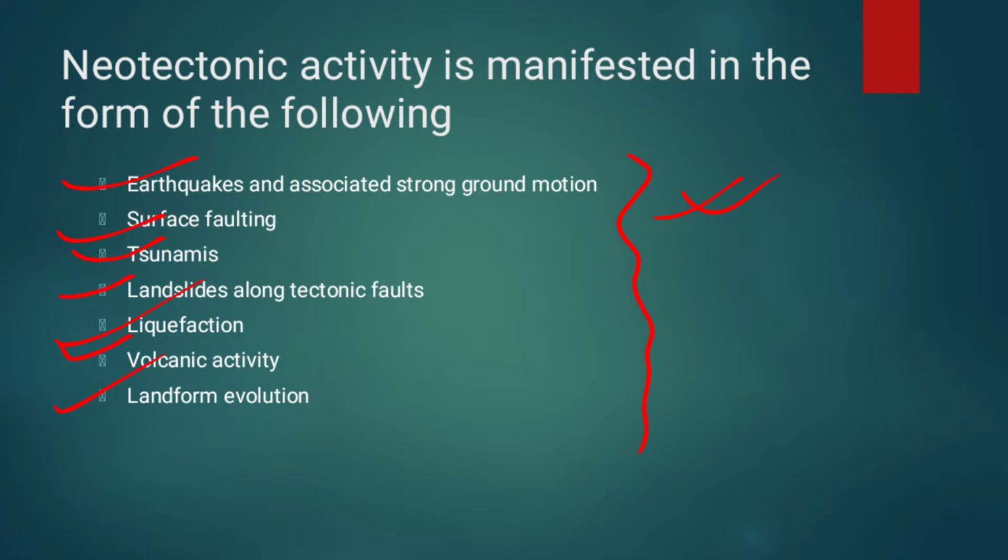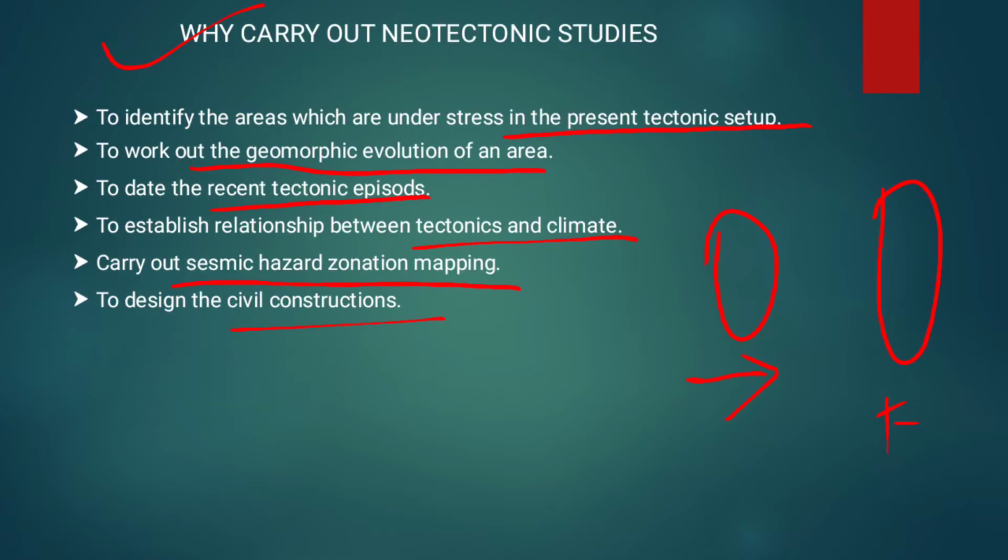Landform evolution means just tectonic. So what is Neo-Tectonics used for? To identify the areas which are under stress in the present, for seismic hazard zonation mapping, for civil engineering, to date the present Neo-Tectonics, to carry out geomorphic evolution, and for Neo-Tectonics and climate.